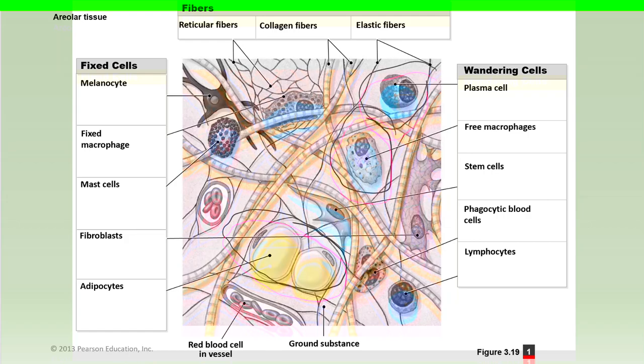What these white blood cells primarily do is kill and remove debris and pathogens. So if you think about your skin, you scrape your skin and any debris that could possibly get past that initial epithelial layer will hopefully be grabbed and destroyed by all of these different cells found within your loose areolar tissue.